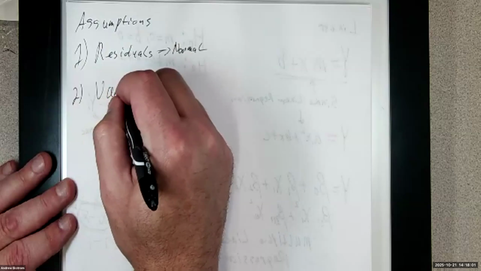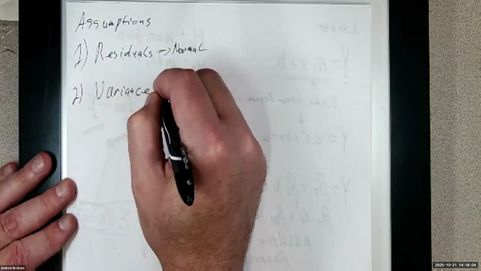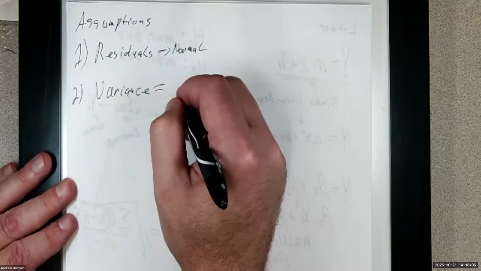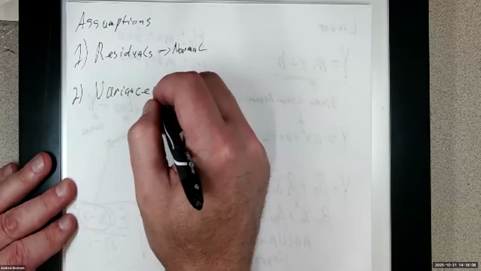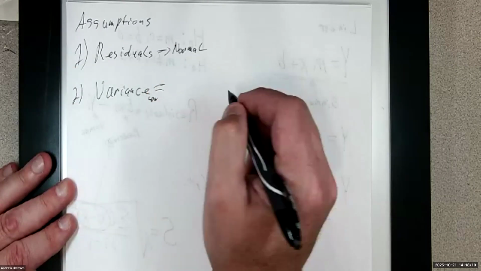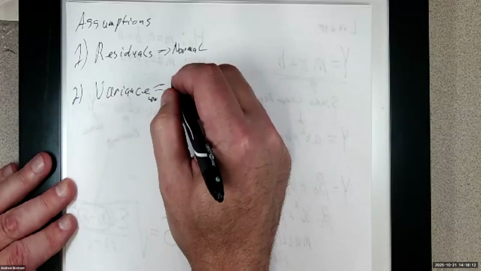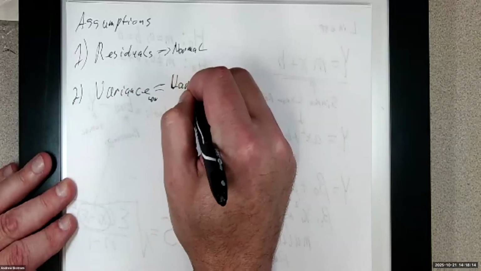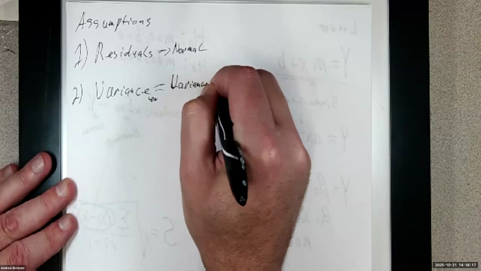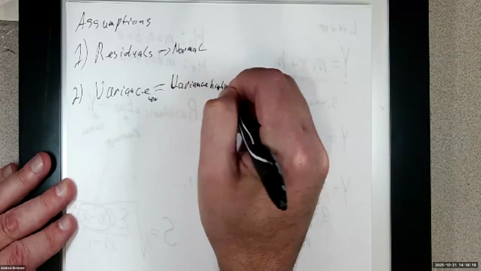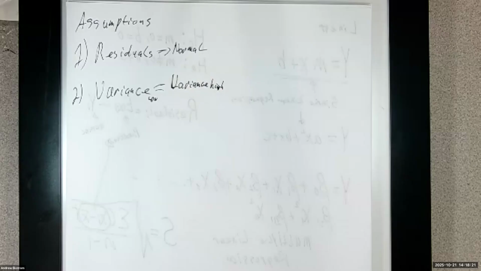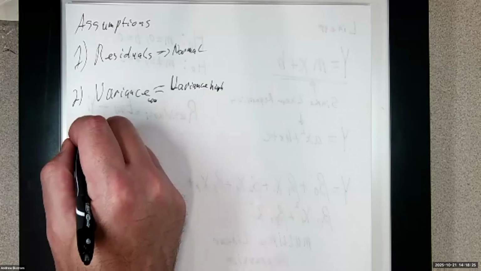Two, variance is equal. So usually the variance at the low end is about the same as the variance at the higher end. We'll see what that looks like, or talk about that in a moment.